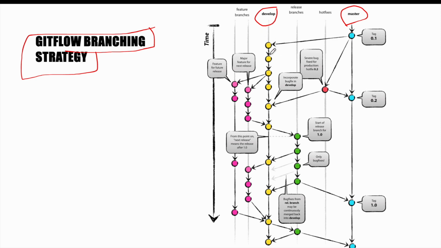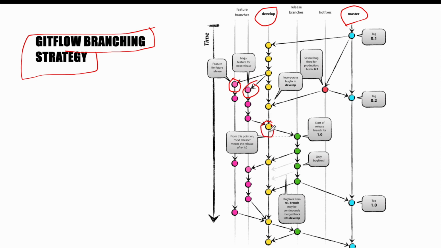If you have to make any development, any developer would create a feature branch. Developer one may create this feature branch and start working here. Another developer may be working on some other feature. They can create a feature branch here and start working on it. Once this work is complete, they can merge it into the develop branch again.